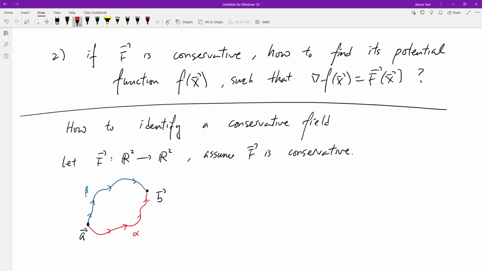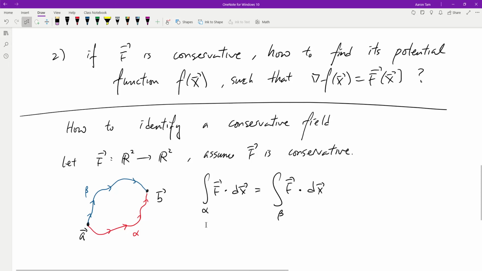Because F is conservative, the integral over alpha of vector F dot d vector x should equal the line integral over beta, because F is conservative and therefore path independent. Since alpha and beta both have the same beginning and endpoints, both of these line integrals should result in the same exact value, regardless of the path that we take.